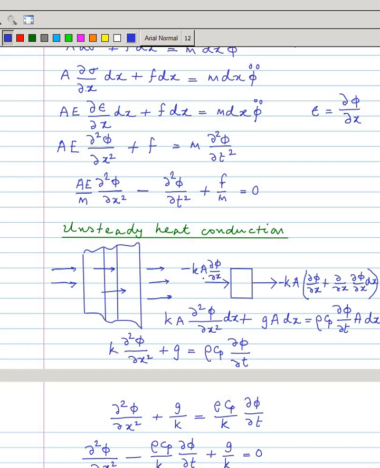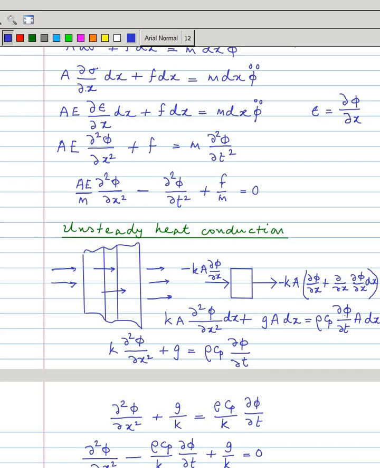Then minus k del phi del x is the heat coming in, and minus this, that is del phi del x plus rate of increase of del phi del x into dx, is the heat going out. So find out the heat which is staying in, plus this is the generation term. So this is the heat staying in, and this is the heat getting generated.